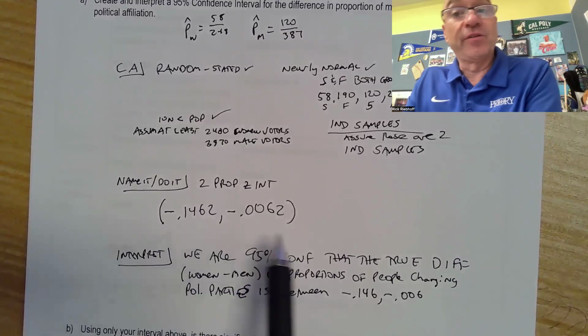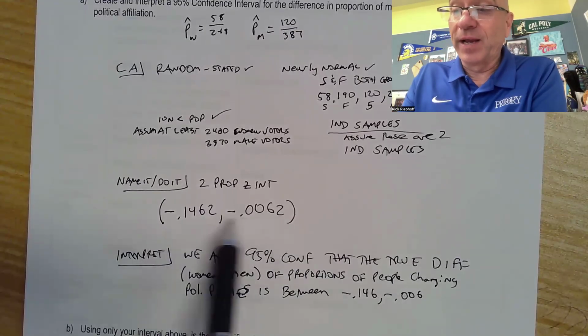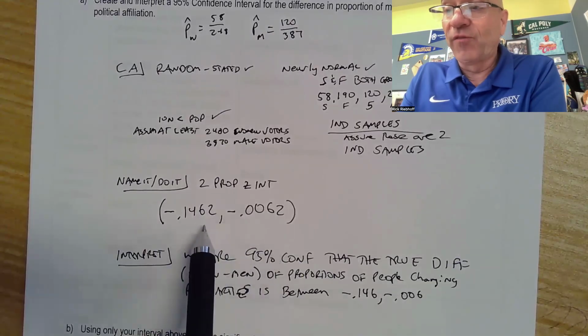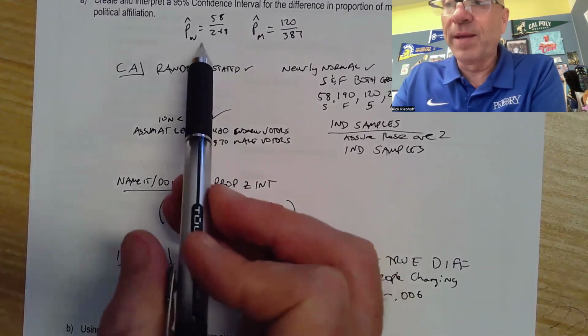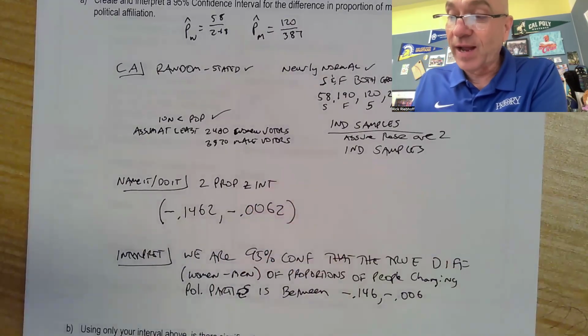Sometimes the entire interval would be positive. What does that tell you? Okay. So that would not be a bad way to say it, right? The entire interval is negative, showing that all feasible values have women lower than men in terms of the percentage, right?